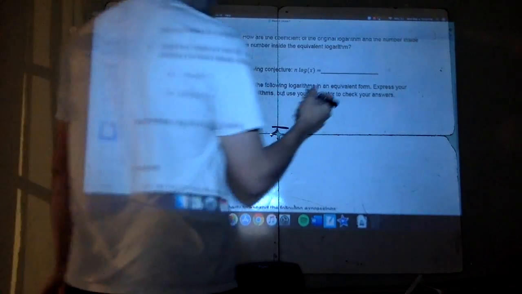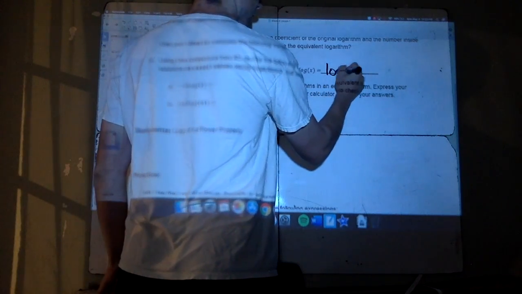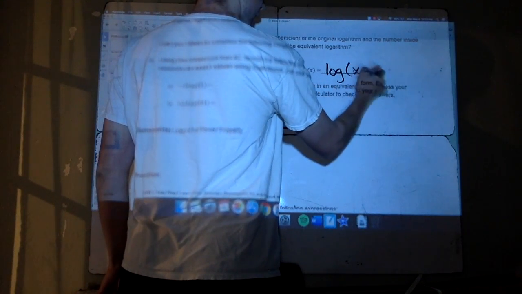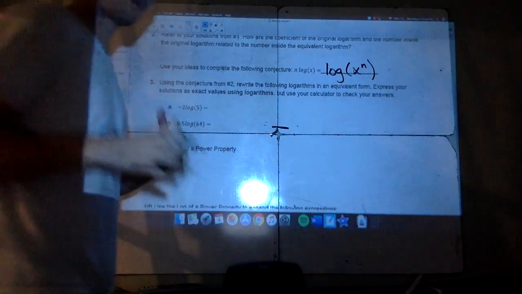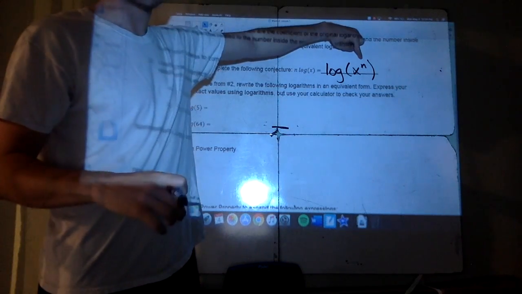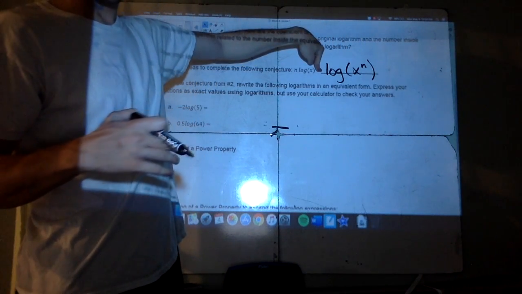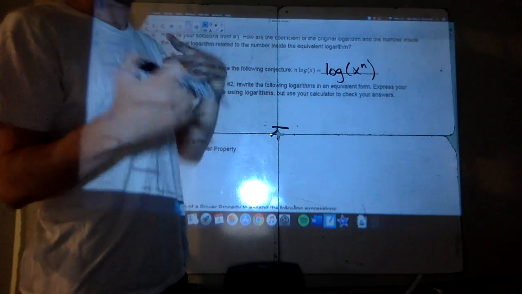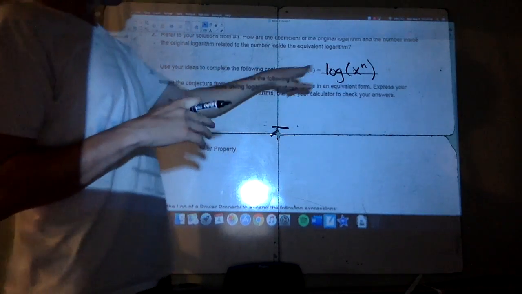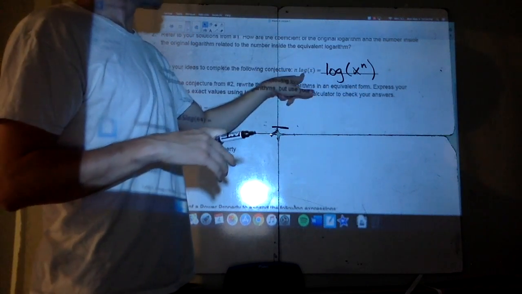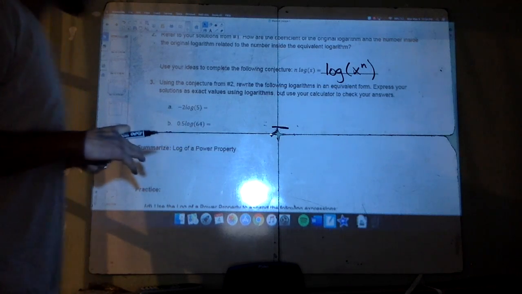So n log of x equals log of x to the n power. So the big idea here is you can take this n, an exponent on the inside, and put it in front, multiplying the log by that. So this becomes n times log of x.